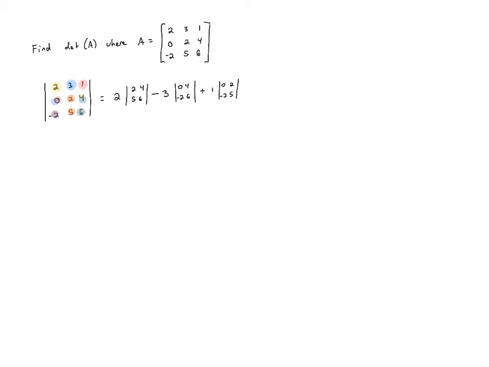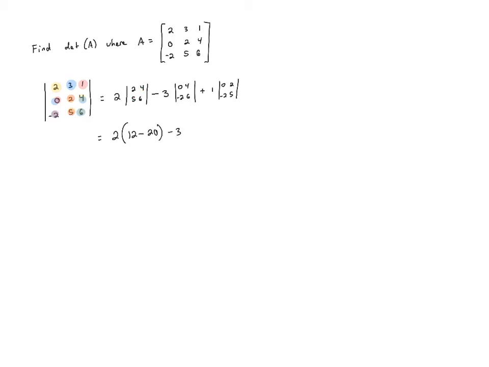At this point, we've rewritten this determinant in terms of determinants of 2 by 2 matrices, and we should be able to go through and do the math. So we've got 2 times the determinant of this matrix, which we get by taking 2 times 6, which is 12, minus 4 times 5, which is 20.